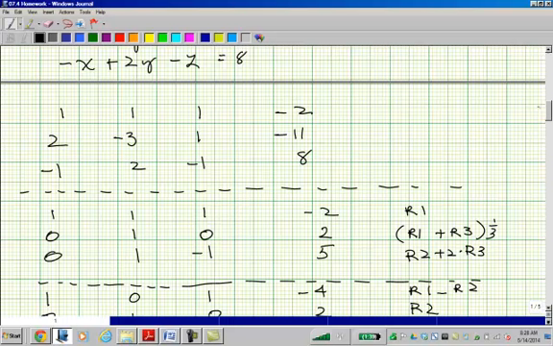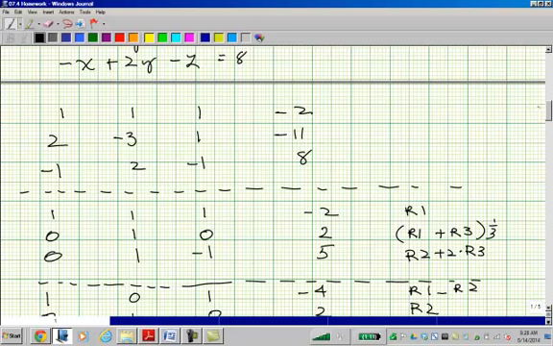Row 1, I take R1 plus R3, and then I multiply that by 1/3.